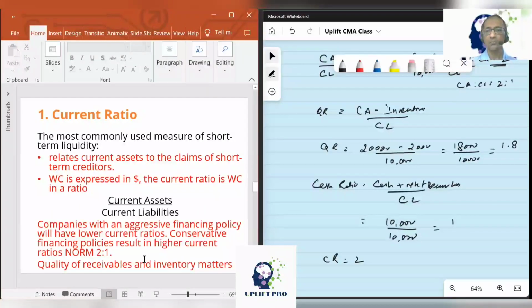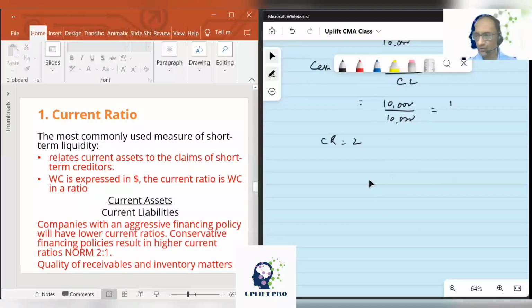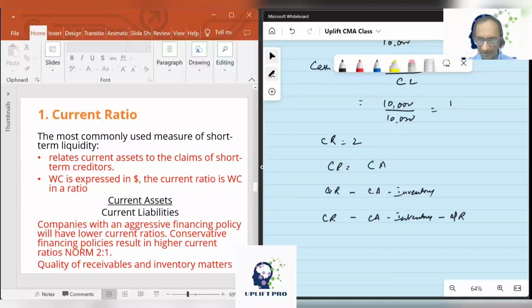Now, in all three ratios, you need to remember that wherever we say cash, it includes the cash equivalent, which is your bank balance as well. What we can understand from this is, you start with the current ratio, which is your current assets, and then you have your quick ratio, which is your current assets minus your inventory, and then you have your cash ratio, which is your current assets minus inventory minus accounts receivable.